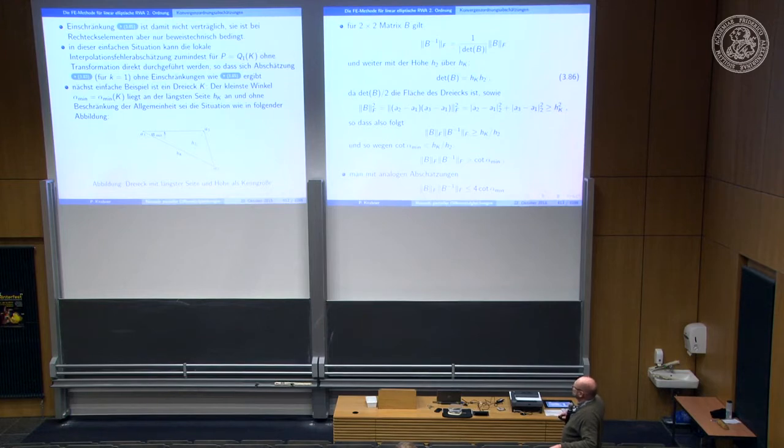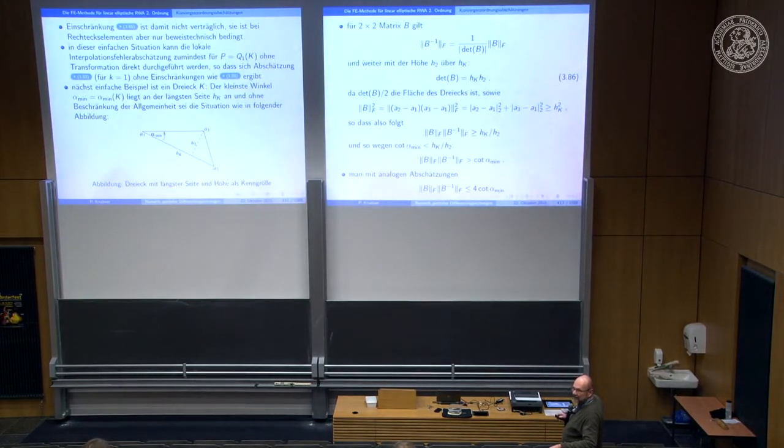What we see here is h_2 to be the opposite leg, die Gegenkathete, and we have the adjacent leg, die Ankathete, which is a part of h_k. And what is the relation between these two and the angle?